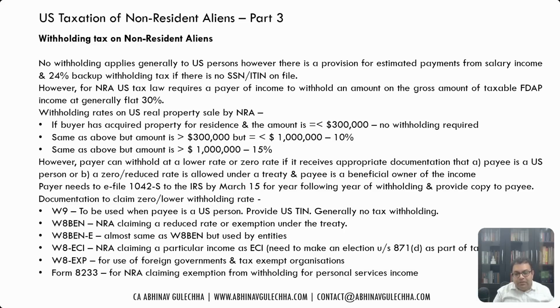Now, 8233 is not as such a withholding documentation, but this is the documentation that you need to provide in case you are a non-resident and you have done any personal services, like either independent personal services or dependent personal services like salary income from US employer, right? Then you need to provide this form and not W8BEN. This is the form you need to provide in order to claim an exemption, right?